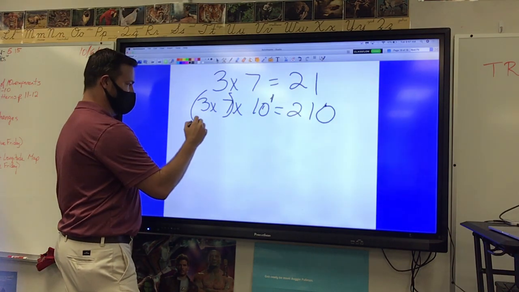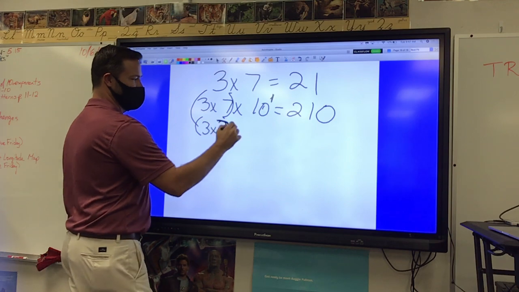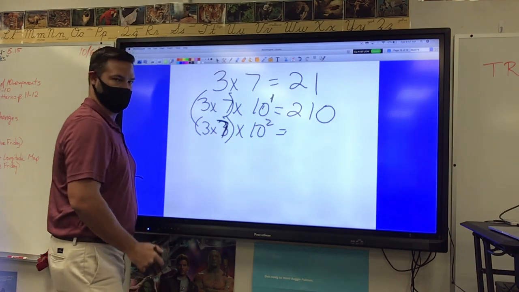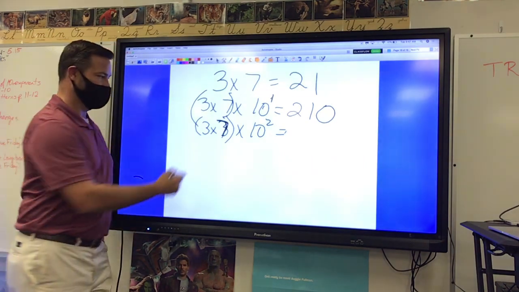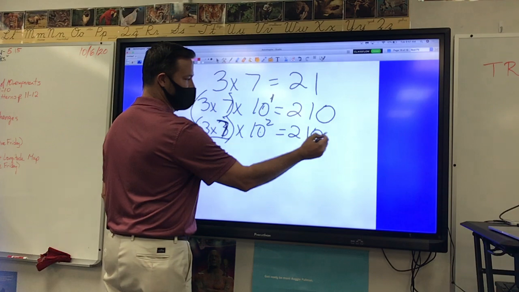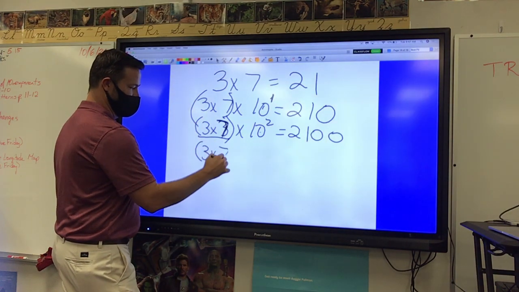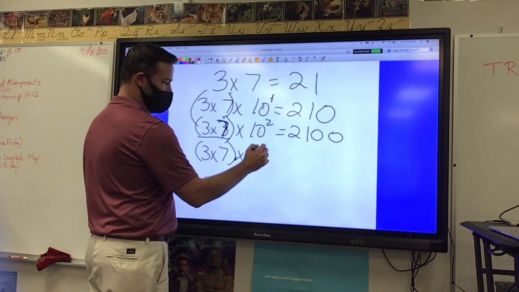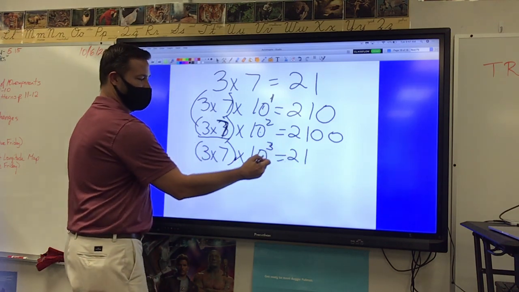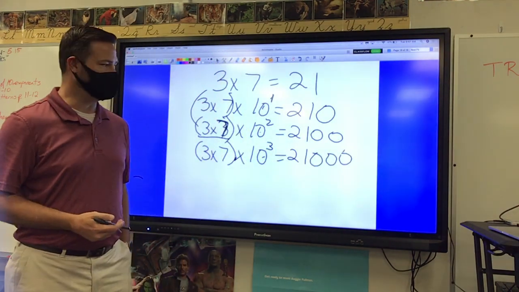And then they get trickier and trickier, and they say, okay, 3 times 7 times 10 to the 2nd. Does it change how you're doing this? No, you're going to do 3 times 7 is 21 and add 2 zeros. And then they continue this pattern on and on and on. 3 times 7 is 21 with 3 zeros. So you should be able to fill in blanks, okay?